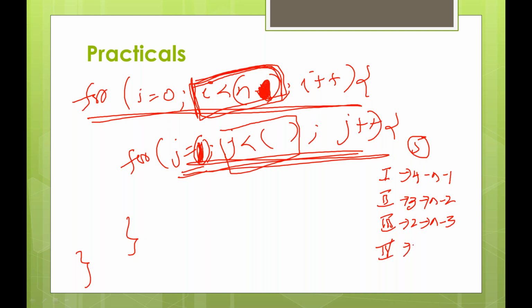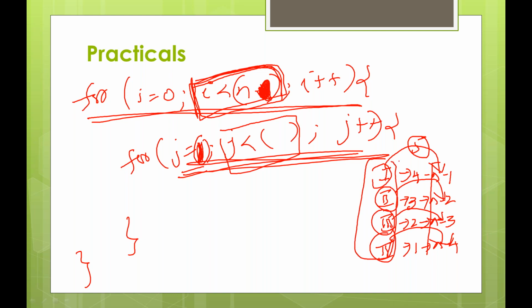Fourth, we have 1 comparison, n minus 4. So you see, this corresponds to this. If we take the iteration here as i, what should our expression be? n minus i, j plus this.